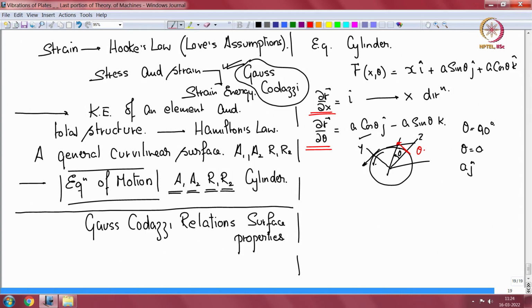So now let us look at this thing called the Gauss Codazzi relation. So the unit tangent vectors in the alpha 1 and alpha 2 directions.